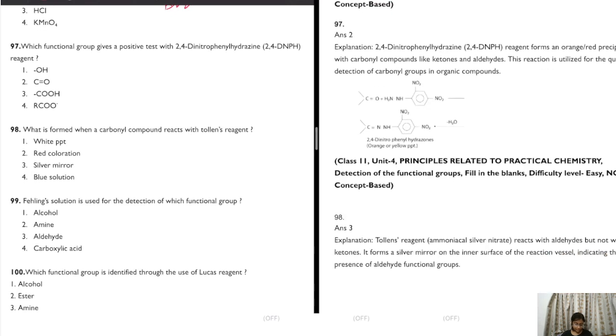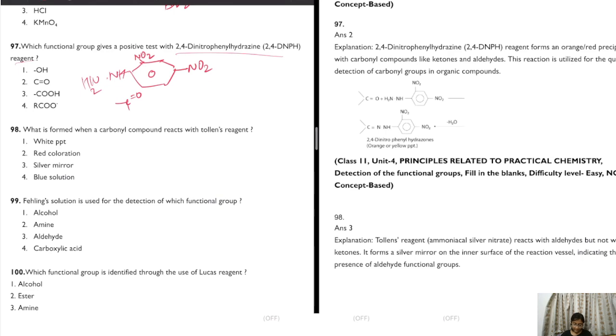Now let's see the next question. Which functional group is giving a positive test with 2,4-DNPH reagent? What is 2,4-DNPH reagent? So this is 2,4-DNPH reagent and it is used for the detection of carbonyl group.